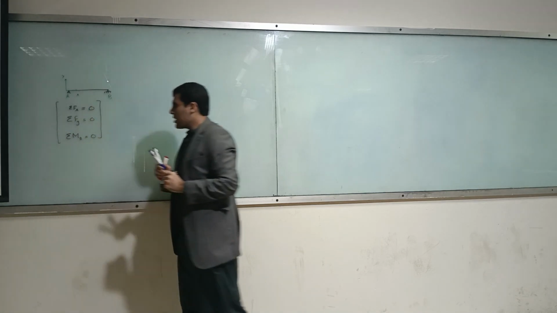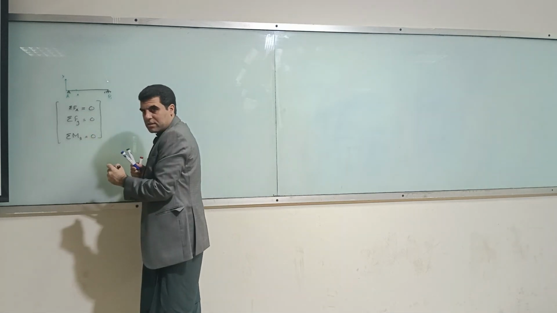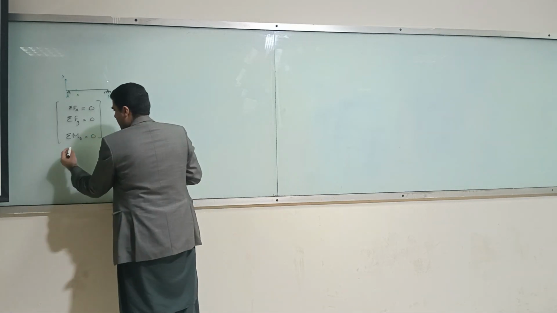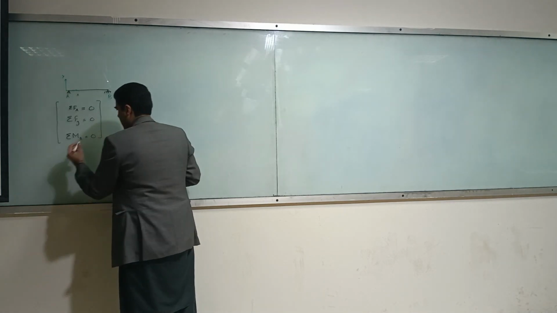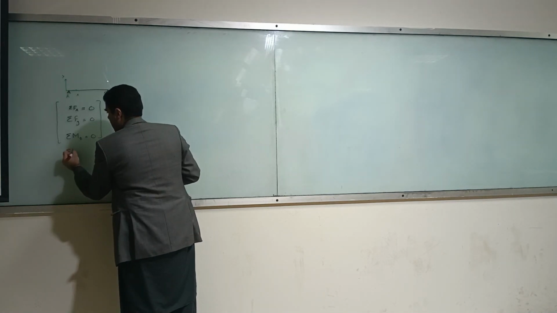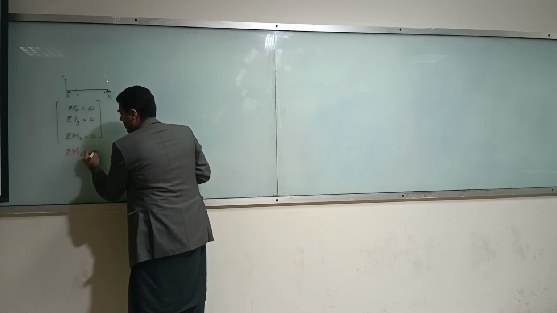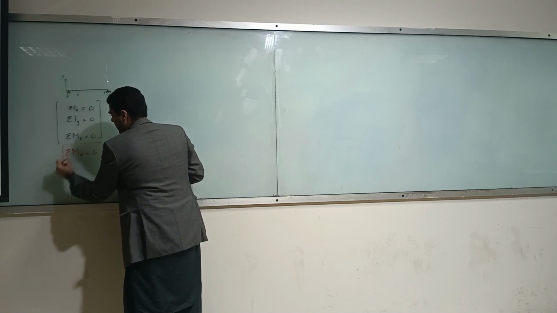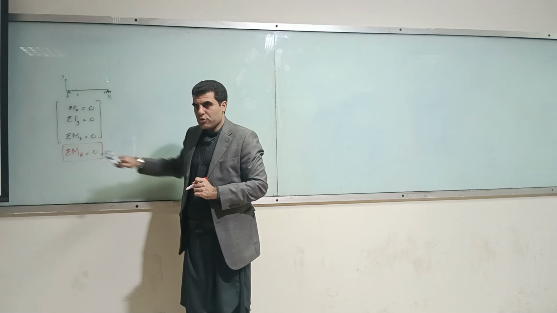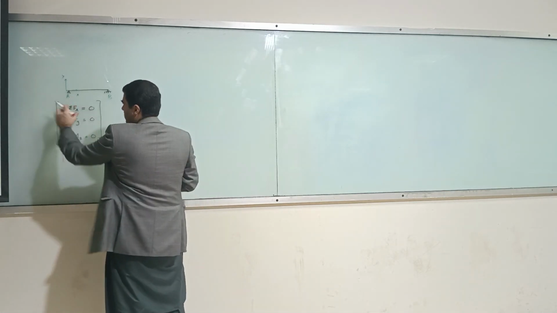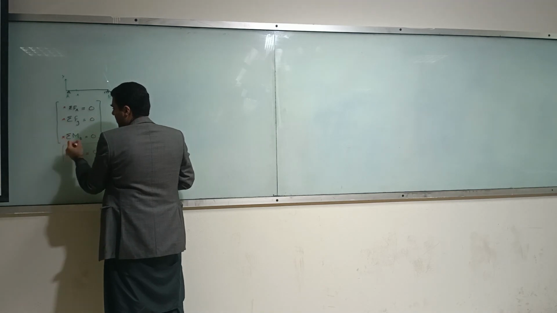However, if you have got a torsion also in the structure, you would have another moment equation, which is summation of Mx must be equal to 0. So this is for torsion, but in this course we won't be doing that. We will restrict ourselves only to summation of Fx, summation of Fy, and summation of Mz.